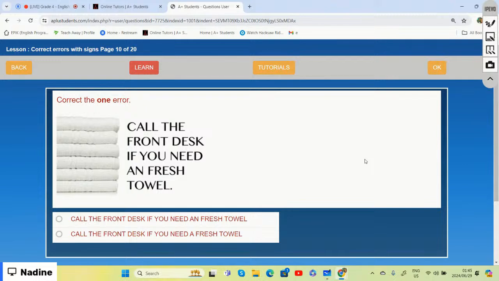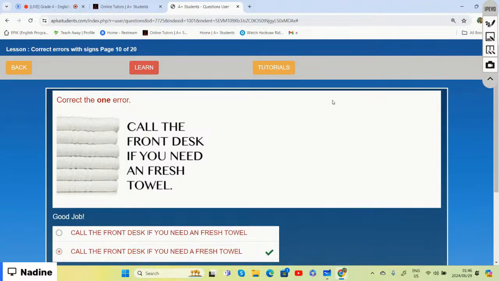Do we say an fresh towel in option one or a fresh towel in option two? It seems like all of our answers are option two. All right, so option two is correct.